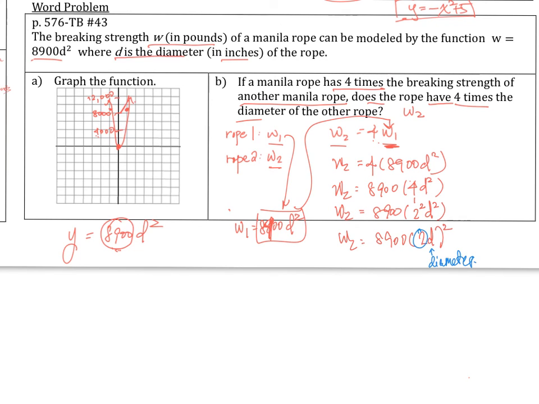The 2 tells us that when the breaking strength is 4 times the original one, the diameter will only be 2 times. So the answer will be no. The diameter is only doubled. Okay, and this concludes the lesson.